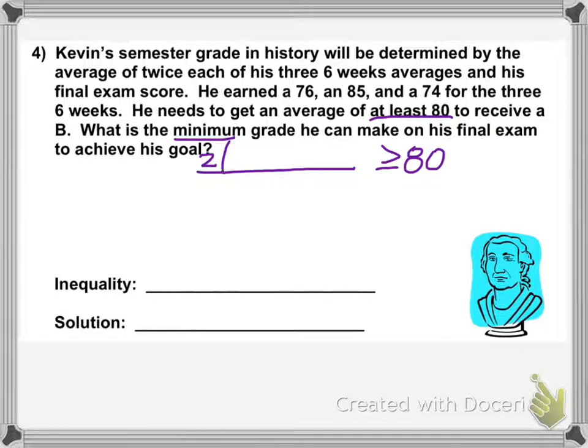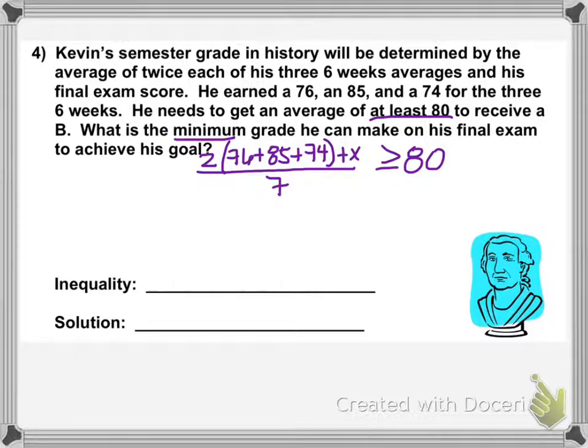So 2 times 76 plus 85 plus 74 plus your final exam. That makes 7 grades in total: 6 for 2 times each 6 weeks, plus a final exam.